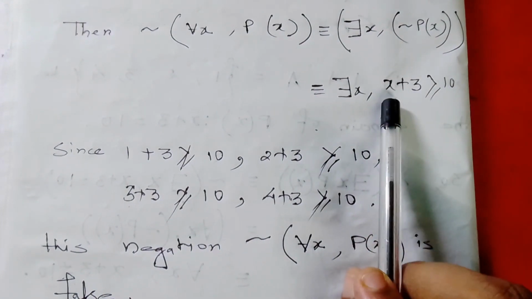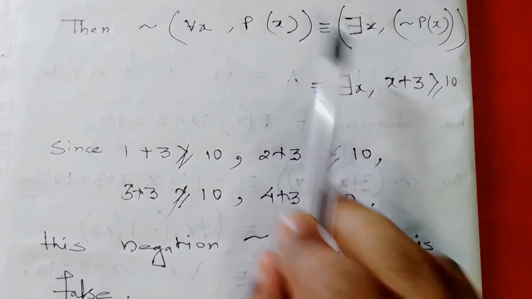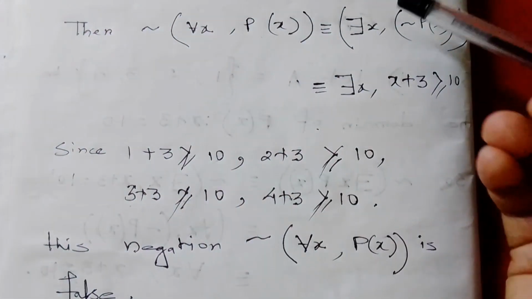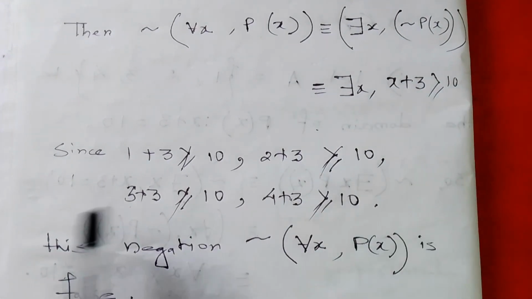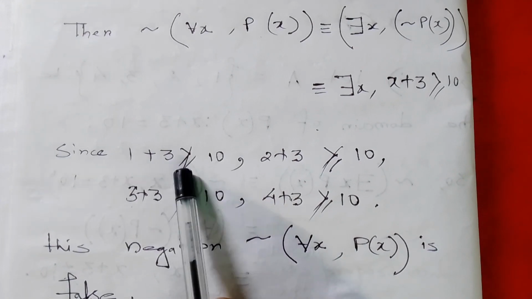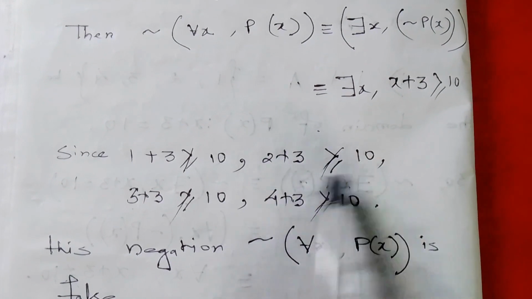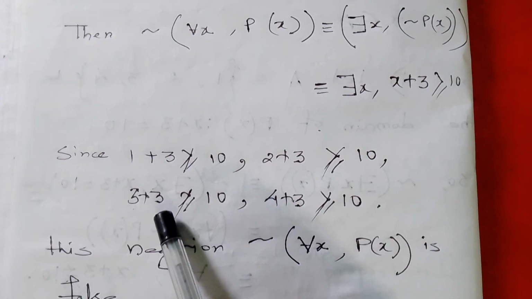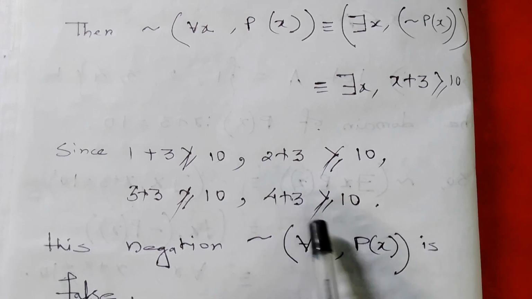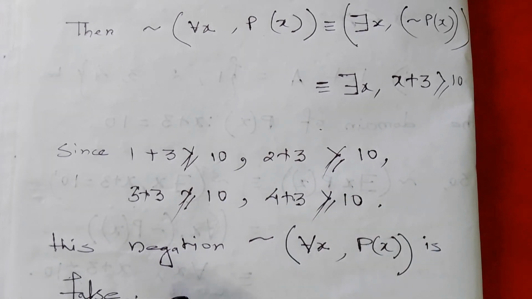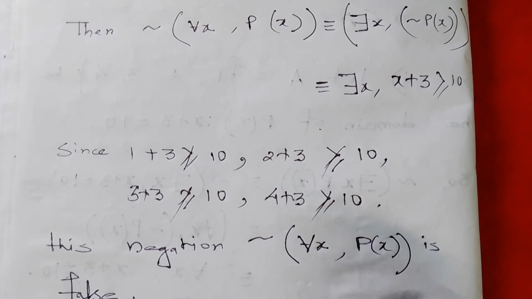The negation of P(x) will be x plus 3 greater than or equal to 10. Since 1 plus 3, 2 plus 3, 3 plus 3 and 4 plus 3 are all not greater than or equal to 10, this negation of universal quantification x of P(x) is false.